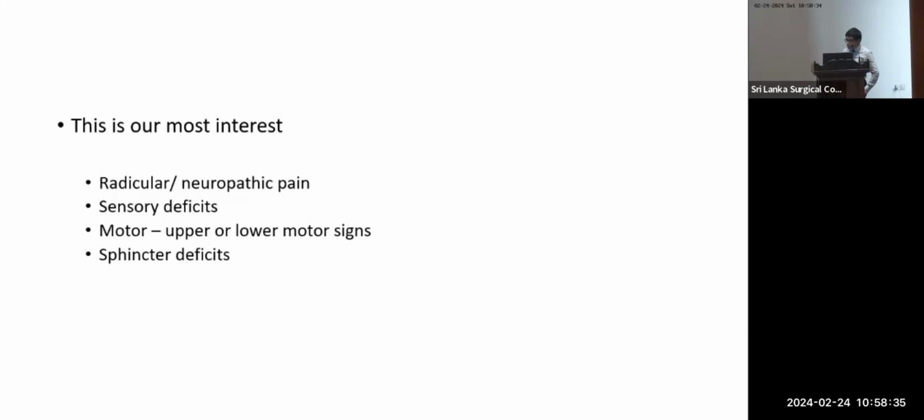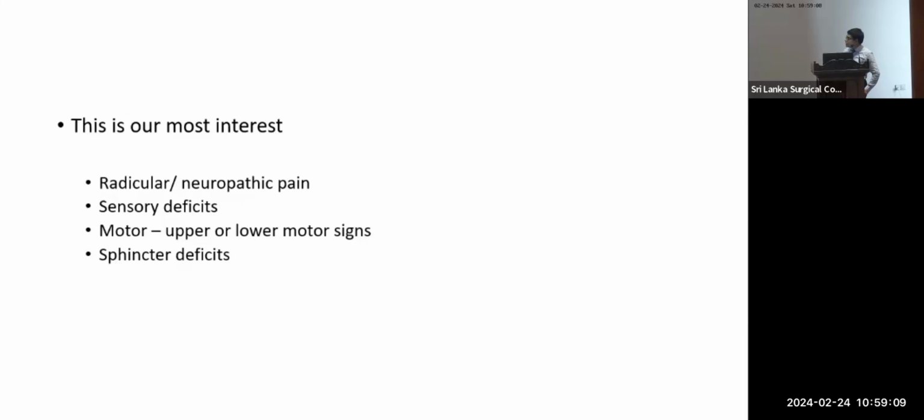Due to the neurological injury, the patient might complain of either radicular or neuropathic pain, depending on what is involved. And the patient might have varying degrees of sensory deficits, maybe tactile sensation, maybe pain and temperature sensation, maybe proprioception, depending on the particular injury. These different sensory modalities can be impaired to a varying degree.